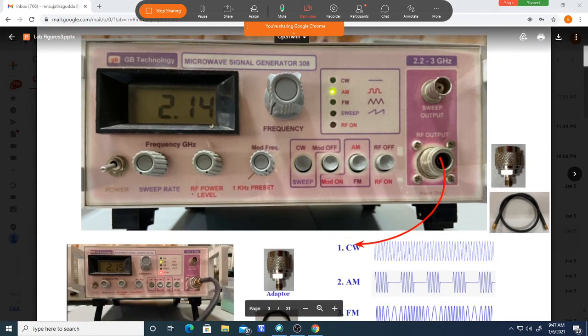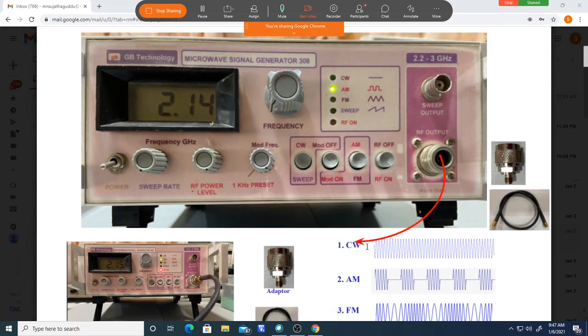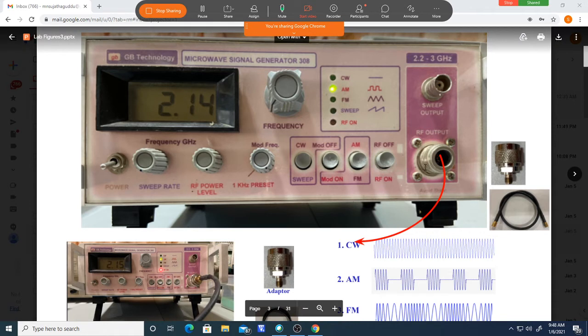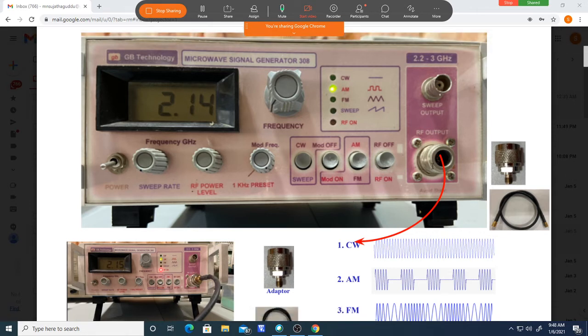You can change the power here, 0 dBm, 20 dB, like that. Usually the maximum power we get is 0 dB here. 0 dB means approximately 1 volt. If you take 1 volt, 10 log of 1 is 0 dB.